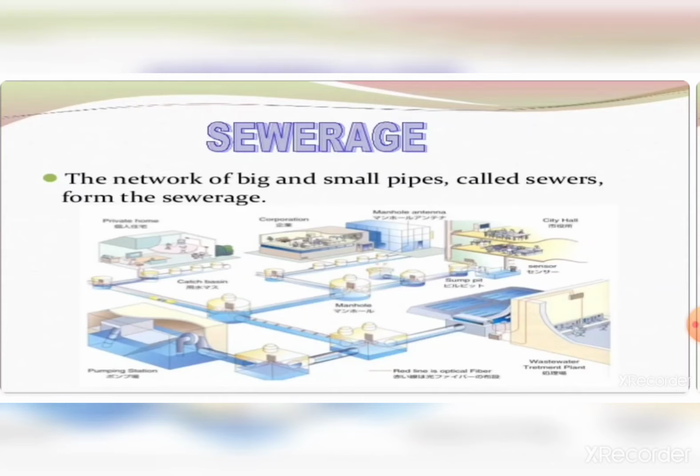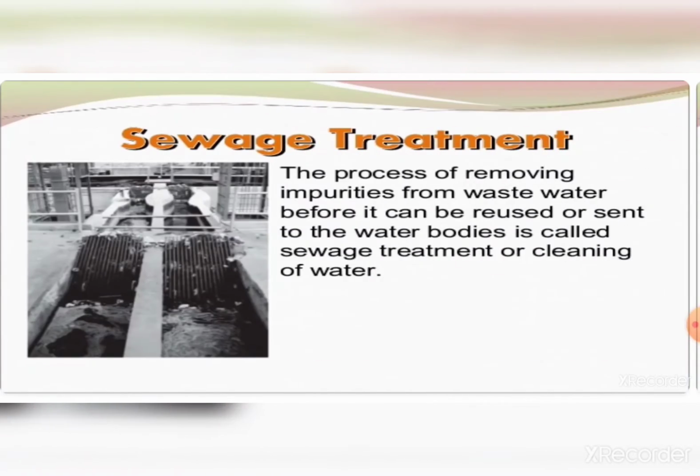This is the sewerage. Sewage treatment. The process of removing impurities from wastewater before it can be reused or sent to the water bodies is called sewage treatment or cleaning of water.